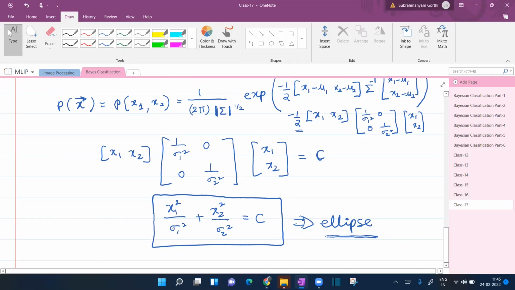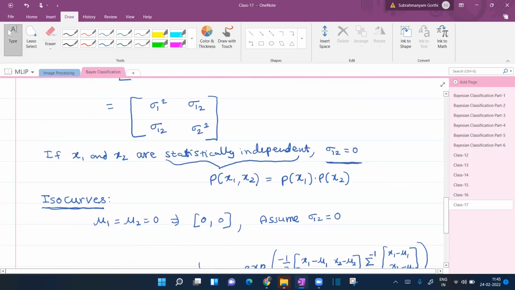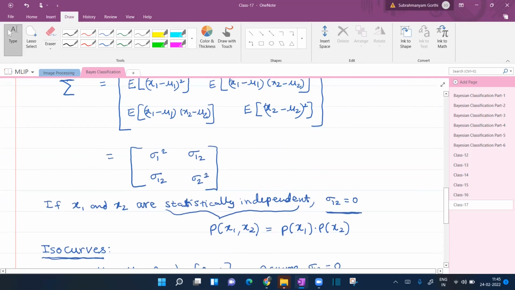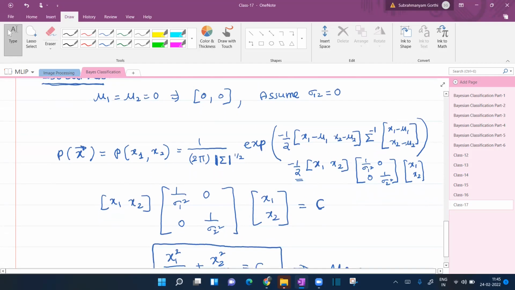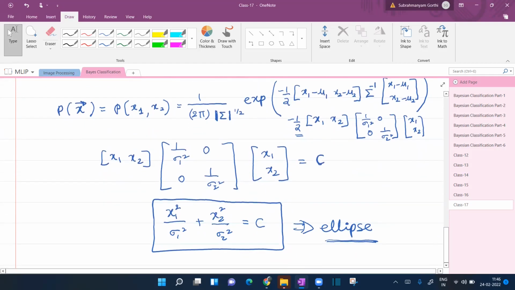The ellipse will represent the variance of x1 and x2. Not the variance. Be careful with the word variance, because we use it in a very professional way. Isocurve, that's what we are already saying. So try to put it in your own statement here.